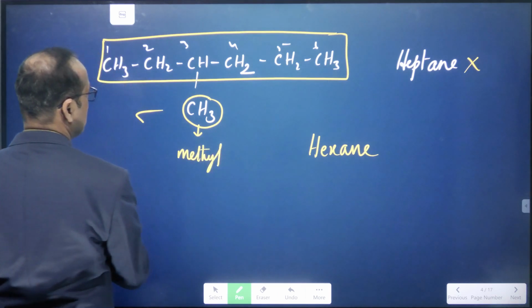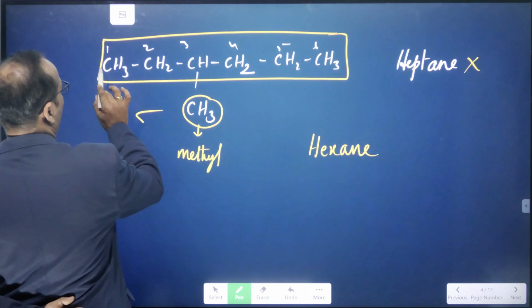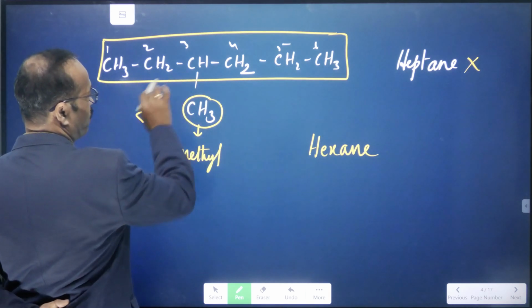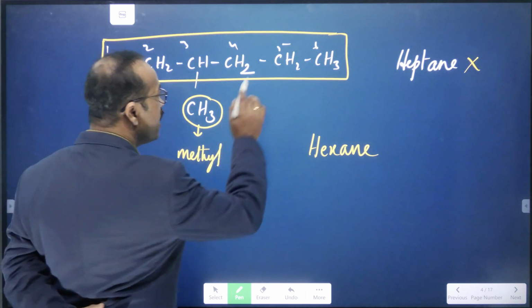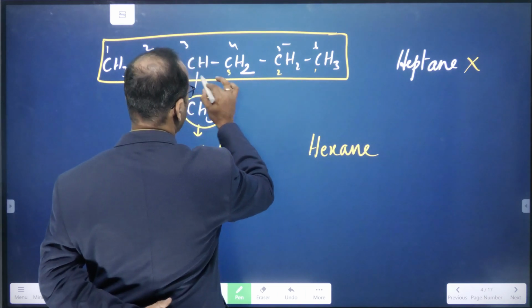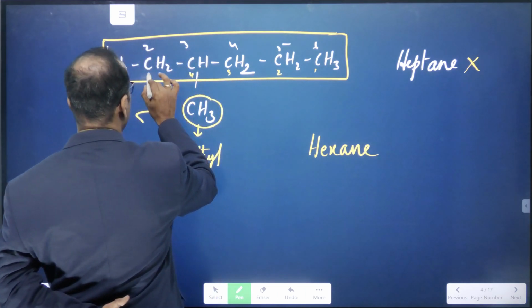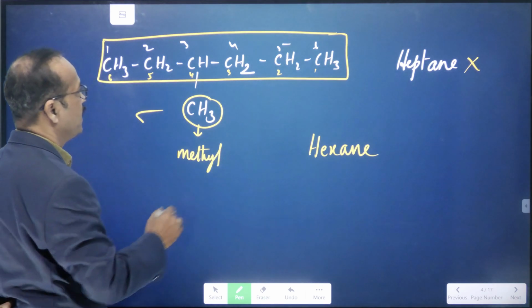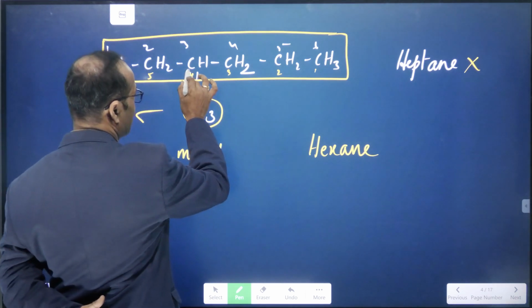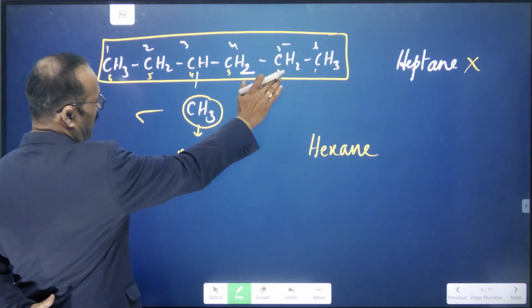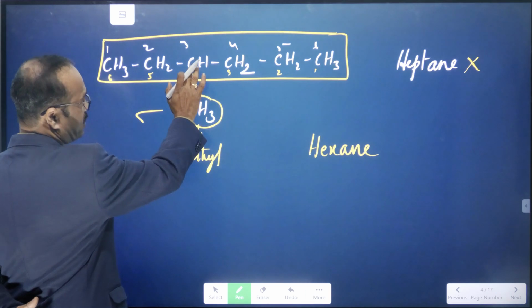So this methyl is attached to which carbon? 1, 2, 3. If I am counting from here, it is attached to the third carbon. If I count from the other side, 1, 2, 3, 4, 5, 6, it is coming as the 4th.